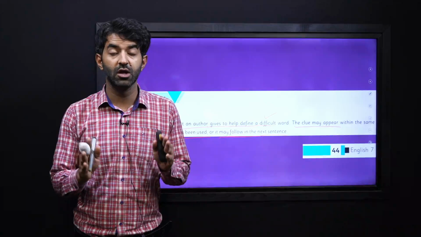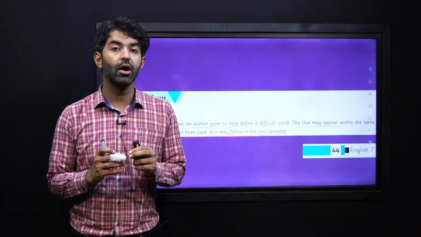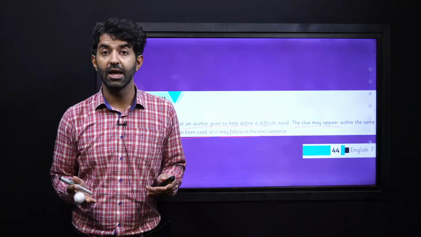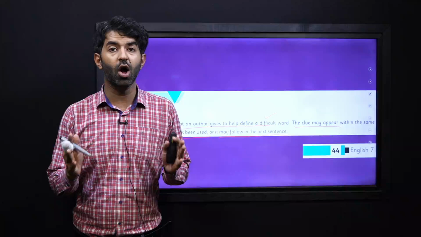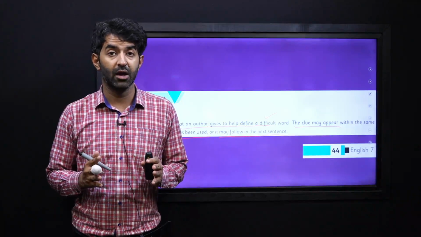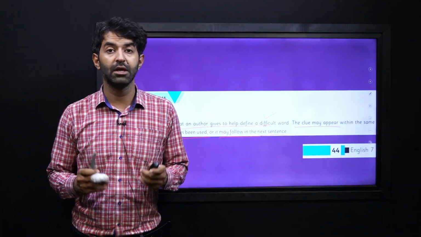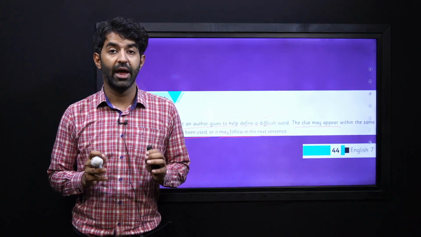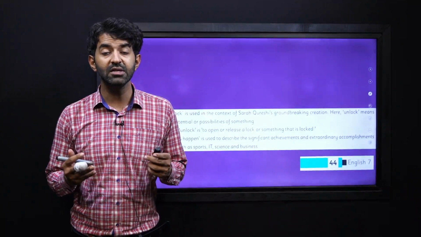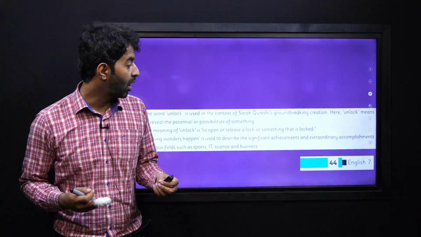You have to just look at the context, or it could be in the same paragraph on the same page. So you have to look at the whole context of the topic under discussion to find out the meaning of that word. Now, these clues and hints are very important. Let's see how many kinds of them there are.